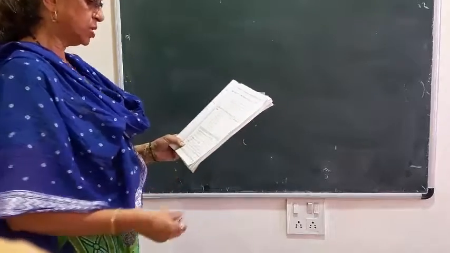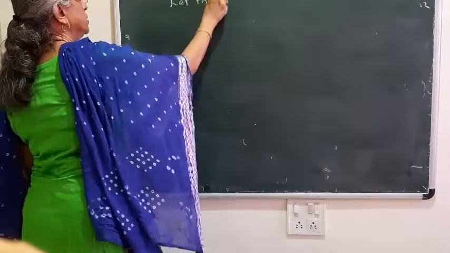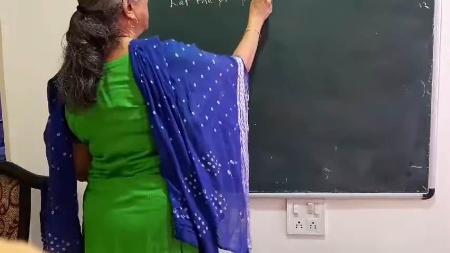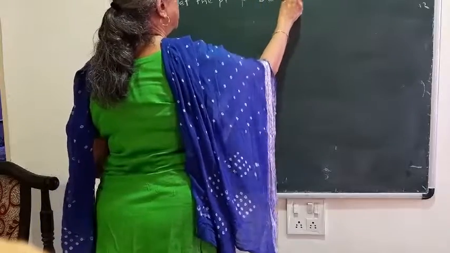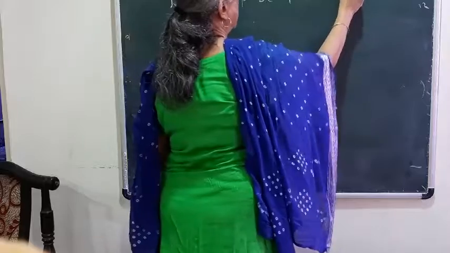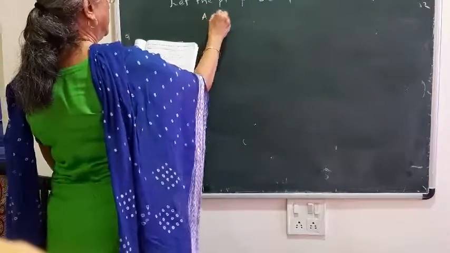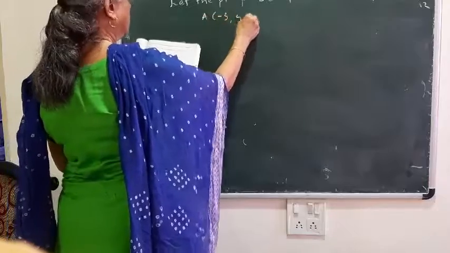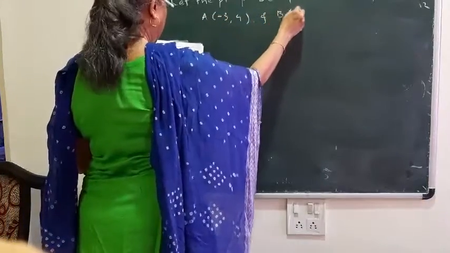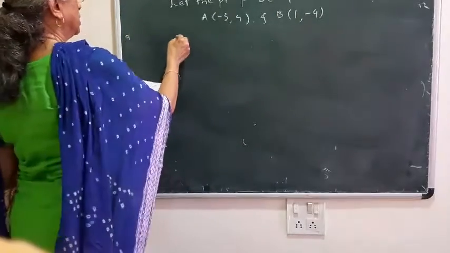So we are going to consider, let the point P be equidistant from A minus 3, 4 and B 1, minus 4. First you should write it like this.